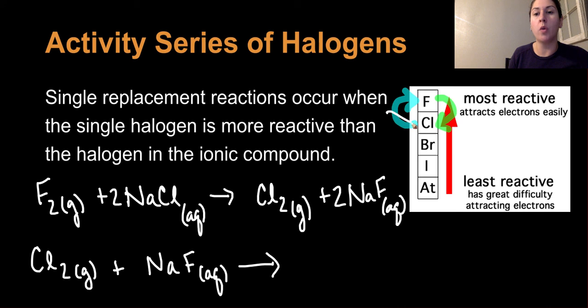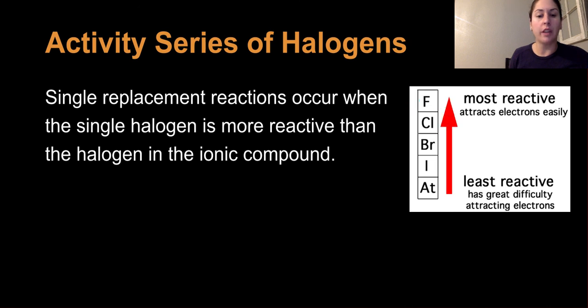There is no reaction here, and so that means there's no reaction. And we don't need to balance anything or do anything else. So whenever we see something that's more reactive as the individual thing, it can replace the thing that's in the compound. And that's what we're really looking at.